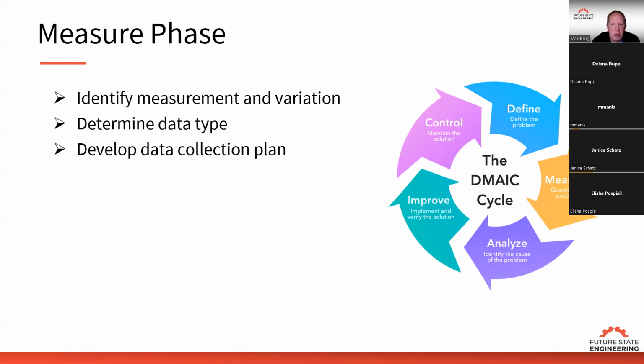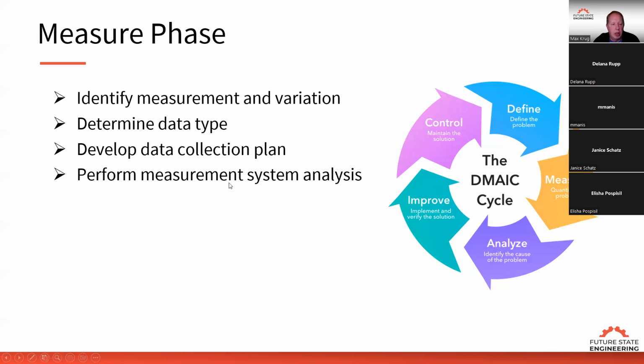So attribute data is things that I count. So I can say, okay, if I'm in a room of people, how many people have blue eyes? How many people have brown eyes, right? That's attribute data. Variable data is data that I can measure. So it's like, okay, what's my height? What's my weight, right? What's my blood pressure? I need a device to measure that. That's variable data.